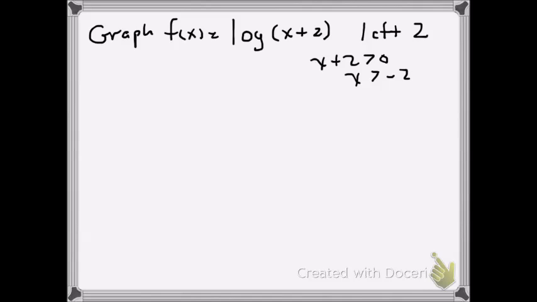So we have a vertical asymptote, the line x equals negative 2.